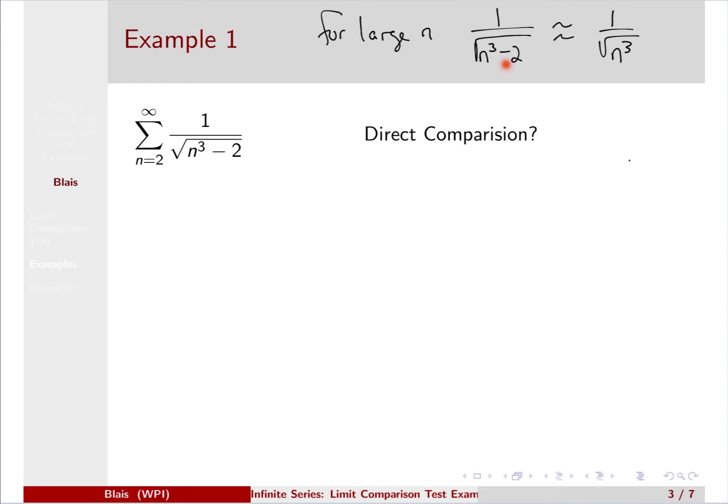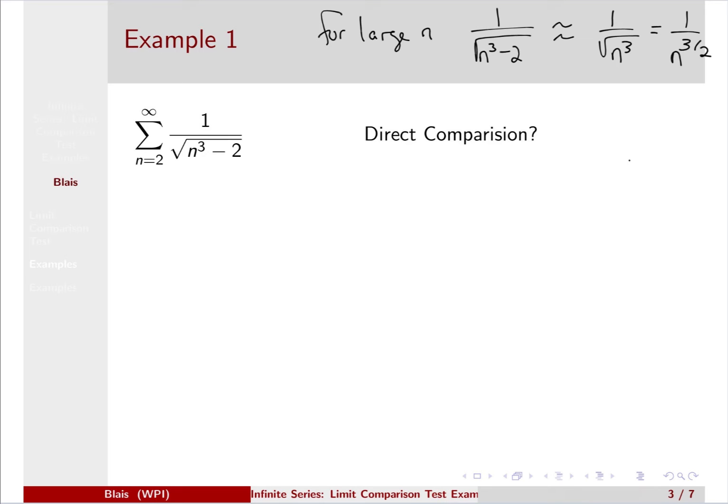The dominant term in the denominator is the n cubed. The 2 is becoming more and more insignificant as that n gets large. And we have n cubed minus 2 under the square root sign. So the larger n gets, it looks more and more like 1 over root n cubed, or 1 over n to the 3 halves.